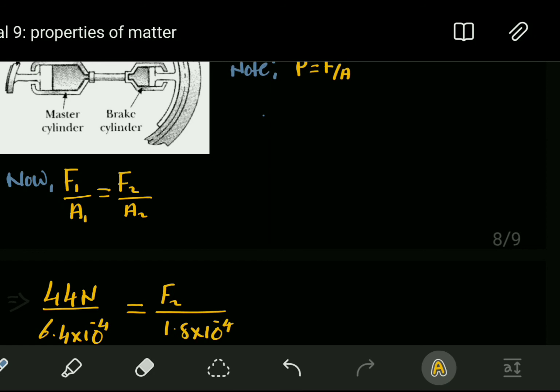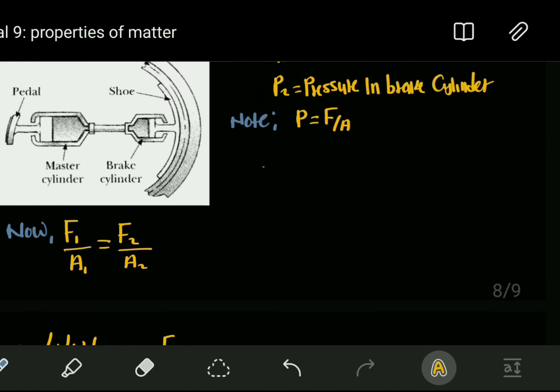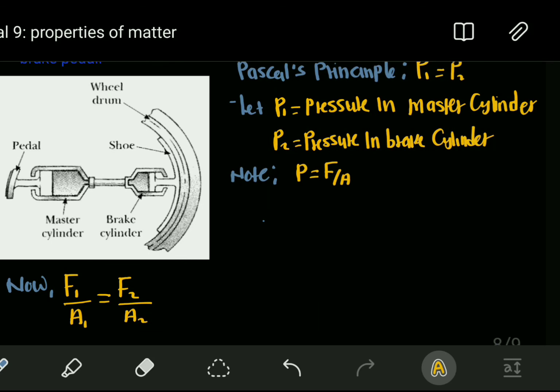Notice that this force being applied on the brake cylinder is normal to the wheel drum. It's the force pushing on the wheel, normal to the wheel drum. So we can find the friction force between the wheel drum and the shoe.